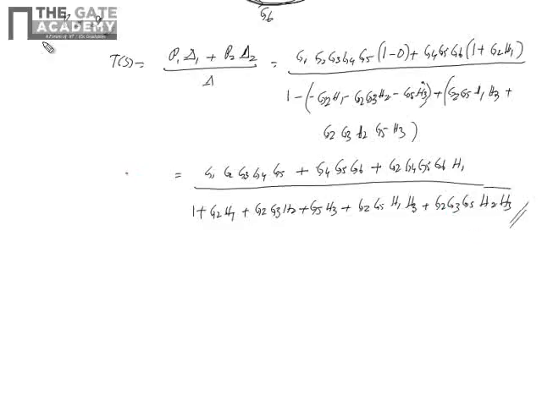So this is the transfer function by using Mason's gain formula. Next, another problem.